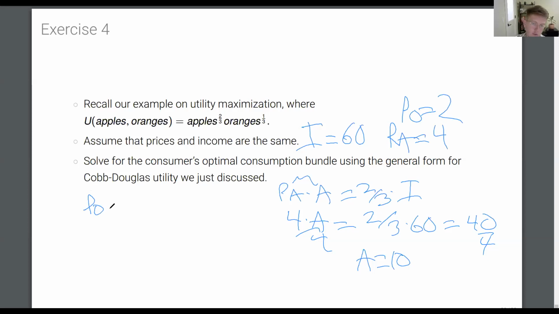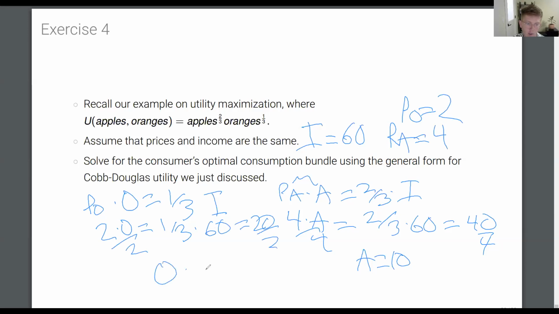Cobb-Douglas general solution that we want to spend 1/3 of our income on oranges. So PO times O, or expenditures on oranges, is going to be equal to 1/3 of our income. Plugging in for the price of oranges, we get 2 times the number of oranges consumed, equal to 1/3 times 60. 1/3 of 60 is 20, and then we have 2 times oranges.